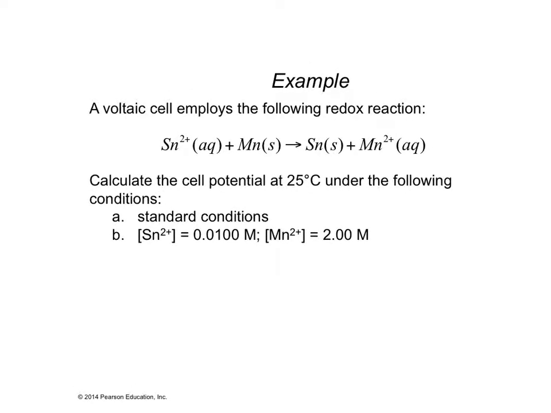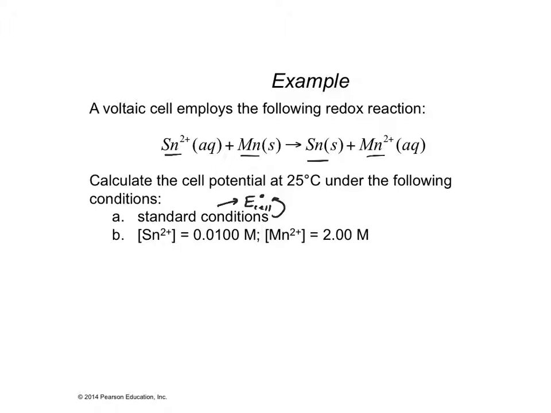So let's say we have a reaction: Sn2+ plus manganese solid going to Sn solid plus Mn2+. We want to calculate two different things. We want to calculate the cell potential, E naught cell, under standard conditions.